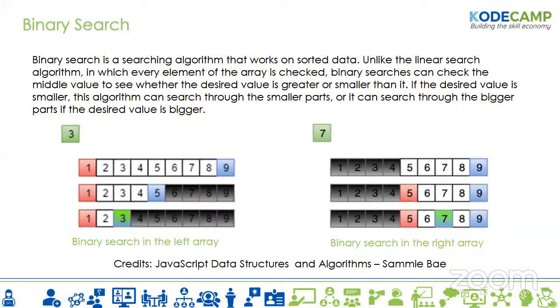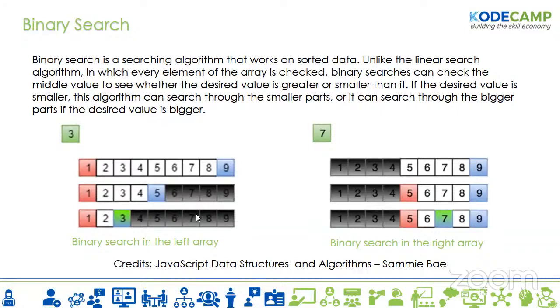In binary search, it works on sorted data, and I always like to specify or clarify that it works only on sorted data. Unlike the linear search algorithm, in which every element is checked, binary search can check the middle to see whether the desired value is greater or smaller than it.